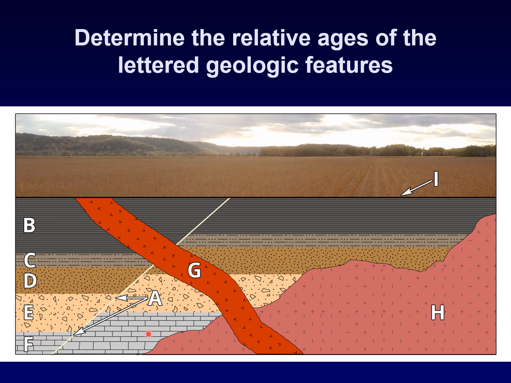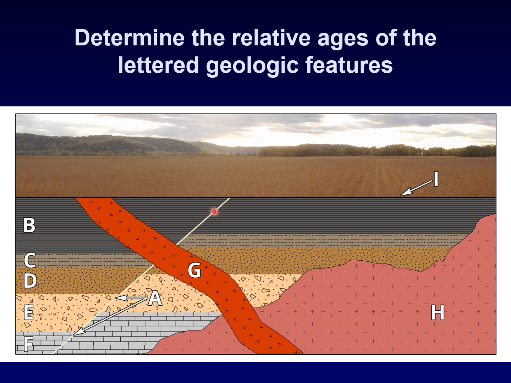That's going to be F. So I'm going to say F was deposited first, then E, this layer here, then D, then C, then B, then A, faulted those layers, and the hanging wall is dropped down from the footwall over here on the other side. So this is again a normal fault. As we go from the footwall to the hanging wall, we get younger. So that's again an indication it's a normal fault.